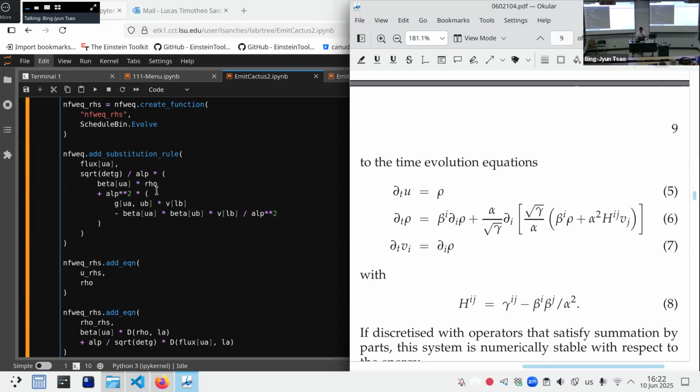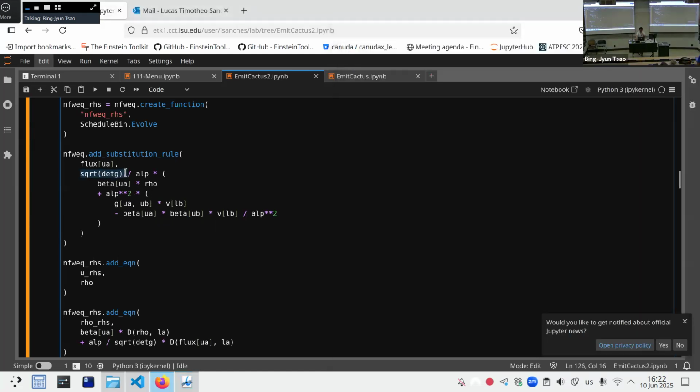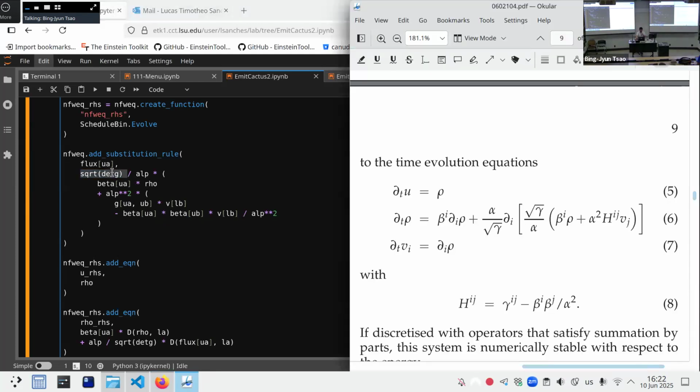Sorry, I have the square root of the determinant of the metric divided by alpha, times everything in the parentheses: beta upper index times rho plus alpha squared plus whatever h is. This little guy right here, just substituting it back here and closing parentheses back again.